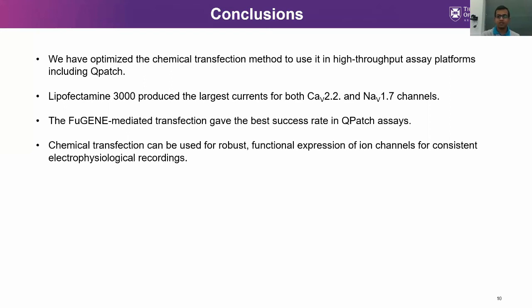In terms of success rate, the FuGENE-mediated transfection performed best in the QPatch assay. The bottom line is, with proper optimization and correct selection of method, chemical transfection can be used for robust functional expression of ion channels for consistent electrophysiological recordings.